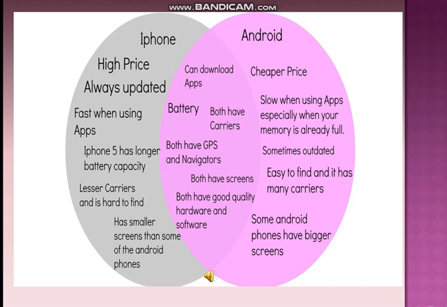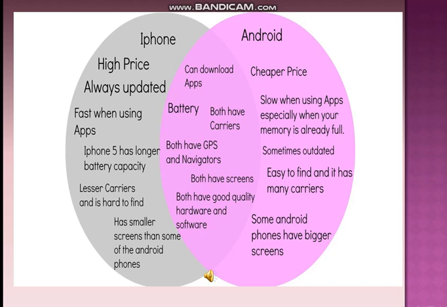While for contrast points, for example, iPhone, as we know, of course, its price is so high, while Android tools or hardware are cheaper. For example, iPhone is so fast, or works fast when we use apps, while Android is slower.